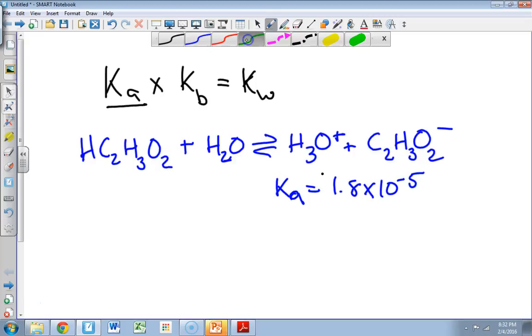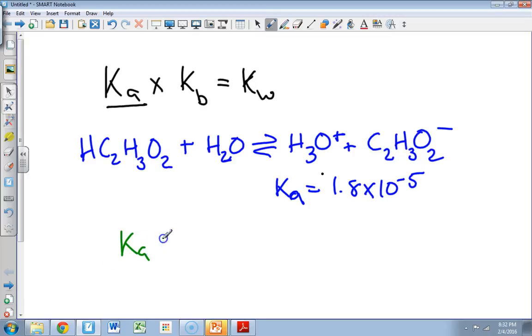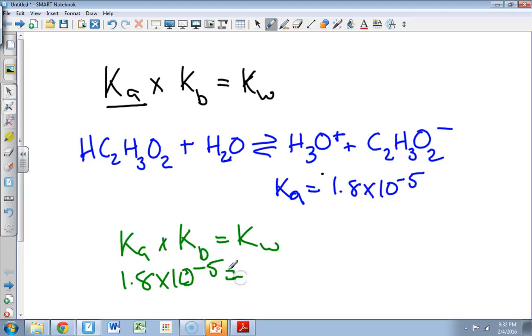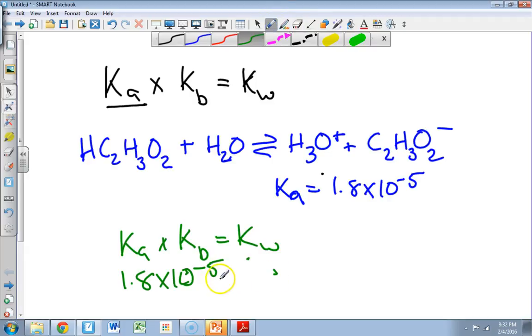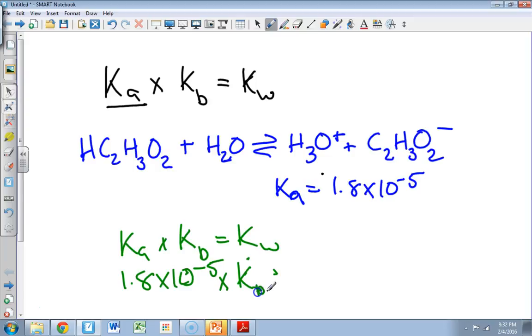Ka times Kb equals Kw, so 1.8 times 10 to the minus 5 times Kb equals 1 times 10 to the minus 14.